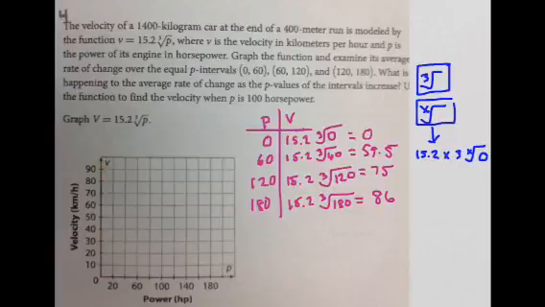So 0, 0, 60, I'll call it 60, so it's going to be 60, 60. And then 120, 75, so about here. And then 180, 86.